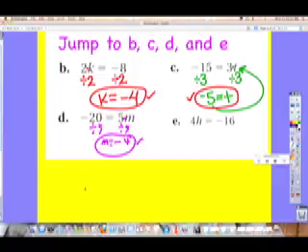Okay, so multiplication and divide that by 4. And we have to do both sides.